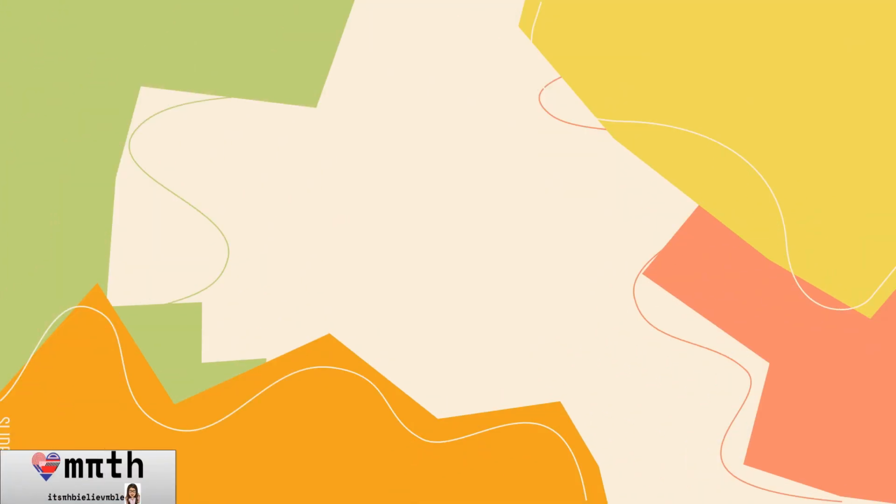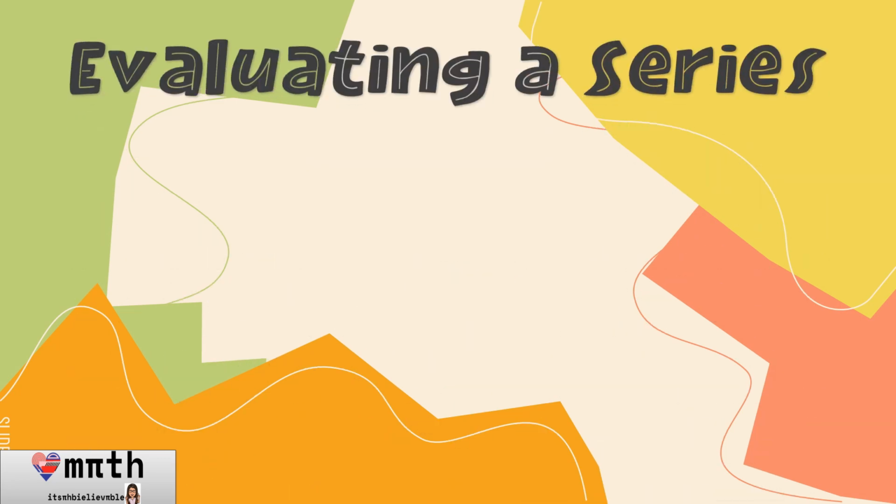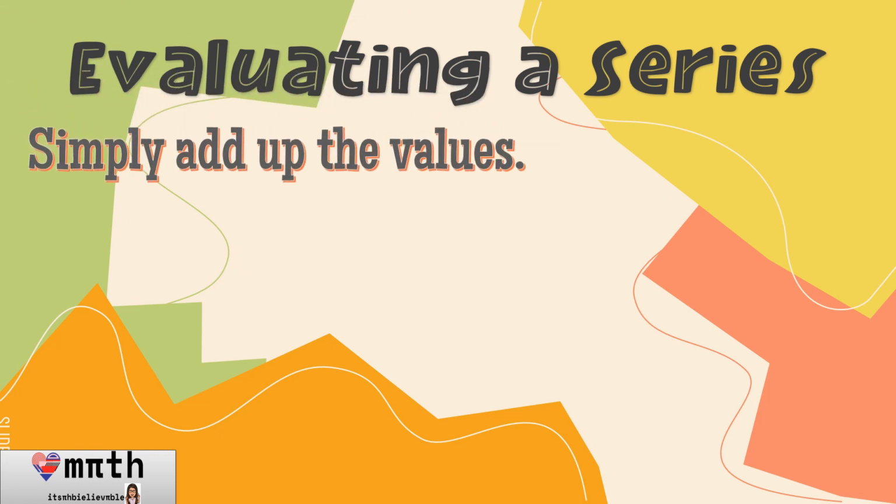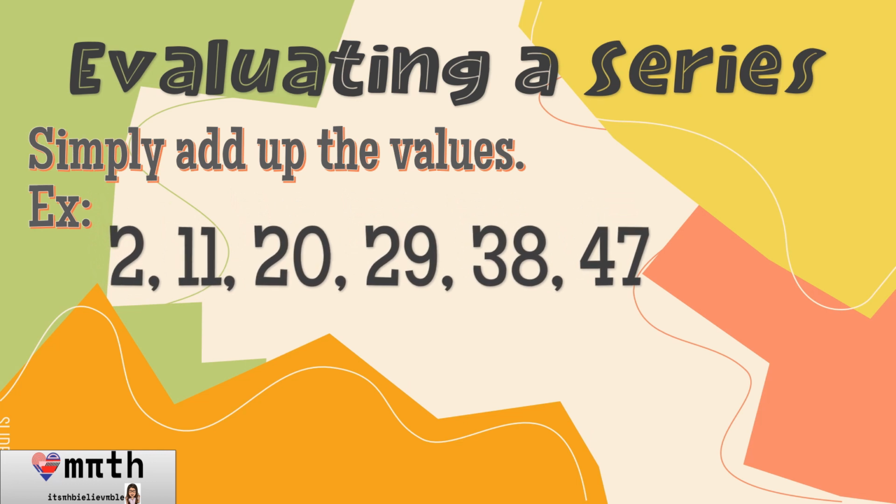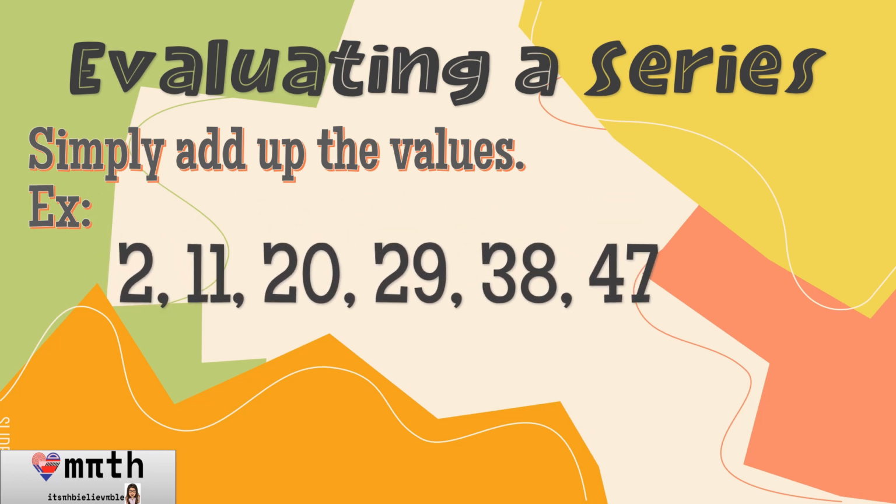And now let us evaluate a series. In evaluating a series, we just simply add up the values. Example, if we had an arithmetic sequence which is 2, 11, 20, 29, 38, and 47.